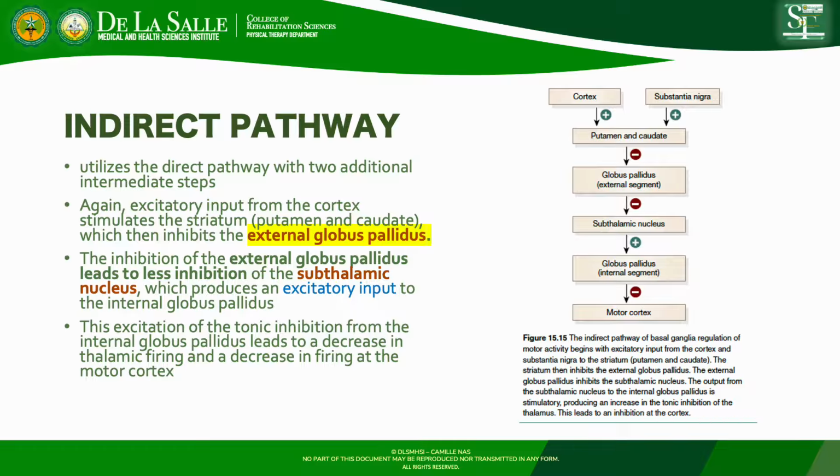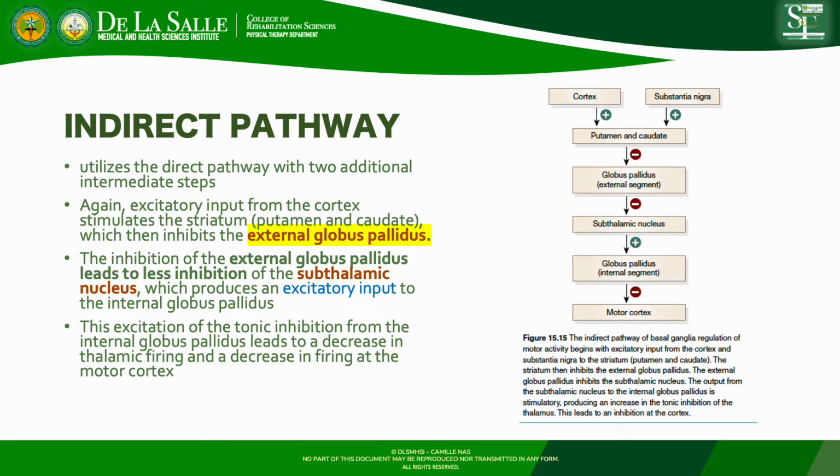The inhibition of the globus pallidus external leads to less inhibition of the subthalamic nucleus. The subthalamic nucleus is an excitatory input to the internal globus pallidus. So if there's less inhibition to the subthalamic nucleus, it means that it can definitely excite the globus pallidus internal.